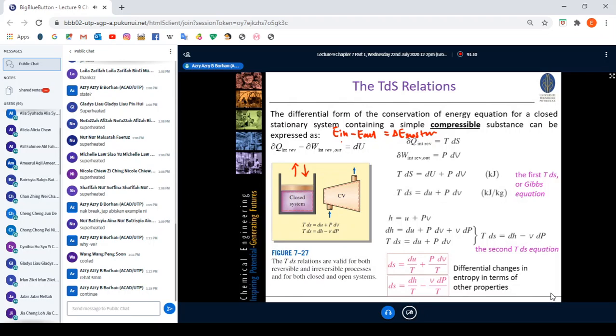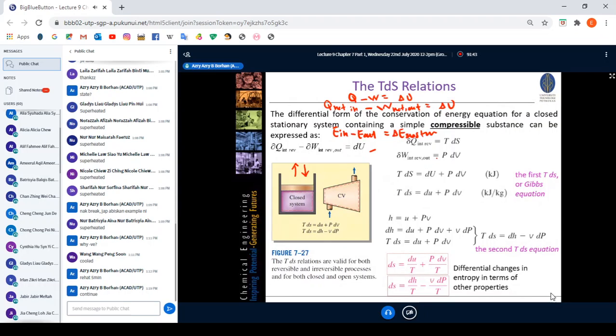When you express that, you have delta Q internally reversible minus delta W internally reversible out. Remember, we have mentioned Q minus W equals delta U, where Q represents Q net in and W is W net out, equivalent to delta U.